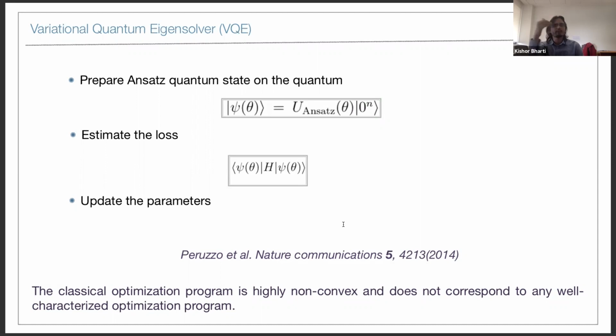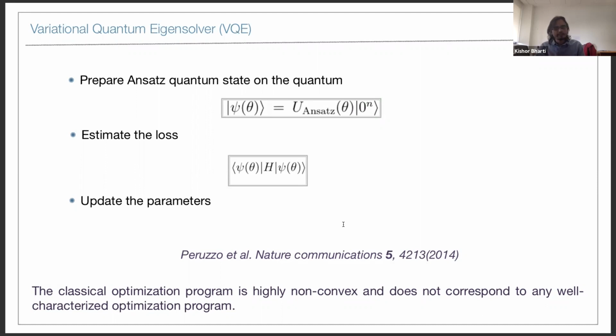Because you cannot go below the ground state energy, the approximation you find will be lower bounded by the ground state energy. In that sense, you can use this variational principle as a kind of guarantee to approximate, numerically or in experiments, the ground state and ground state energy of some Hamiltonian.